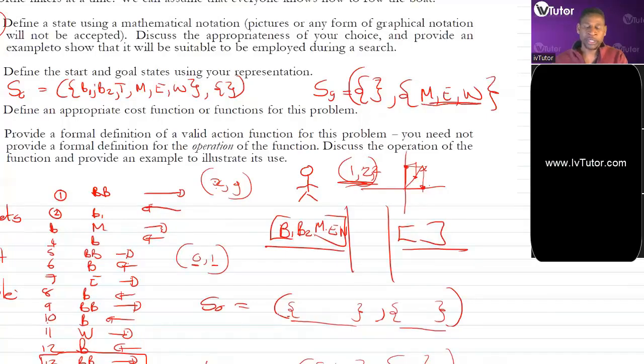So the goal is for them to cross, but for the purpose of this, let's get everyone across. So we're also going to put T, B1 and B2.